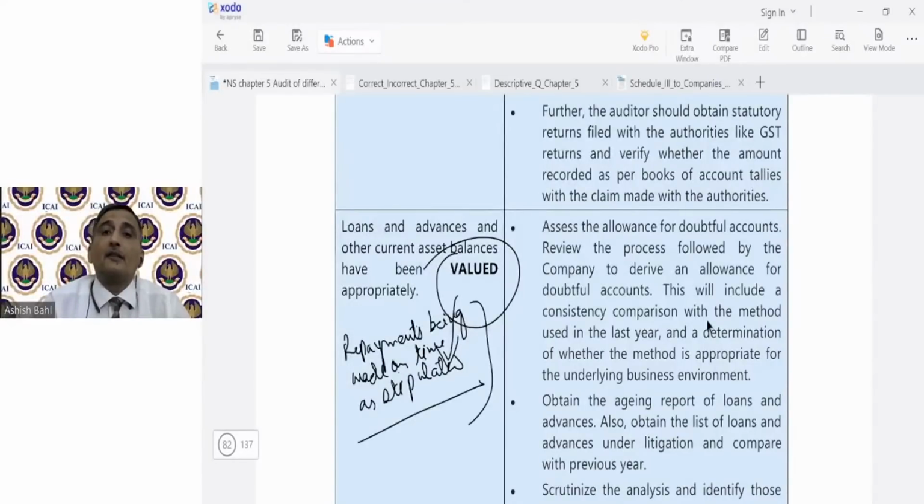So this becomes important from the point of view of valuing loans and advances.